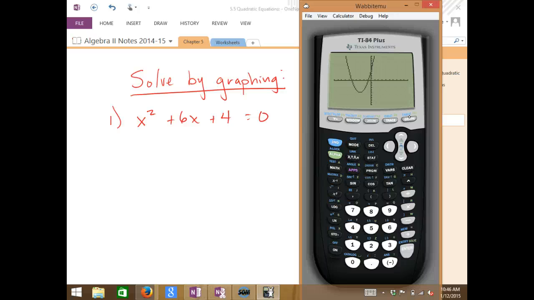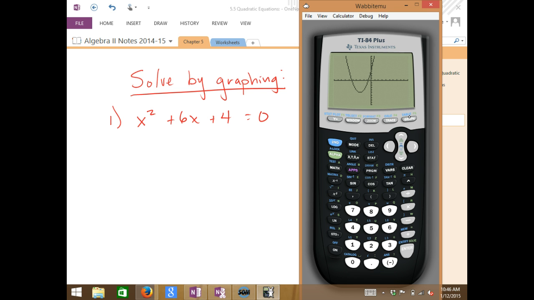On the x-axis. The x-axis is always going to have a y value of 0. So basically what we're looking at is where the function crosses the x-axis. You can see that there are two places where it crosses the x-axis, and that's what we're looking for. The calculator can find those two spots.